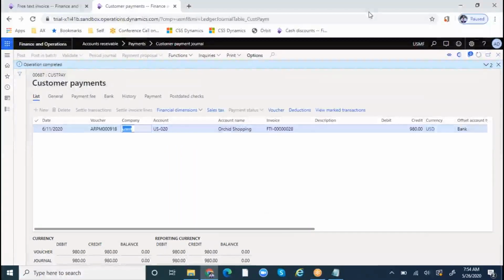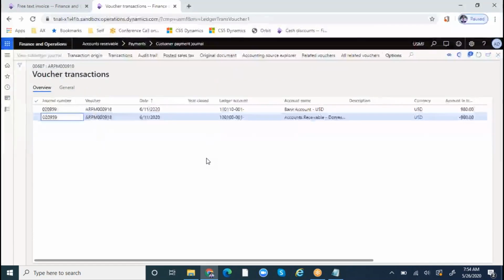So it was posted. Once it is posted, you can click on voucher. It will show 980 only.